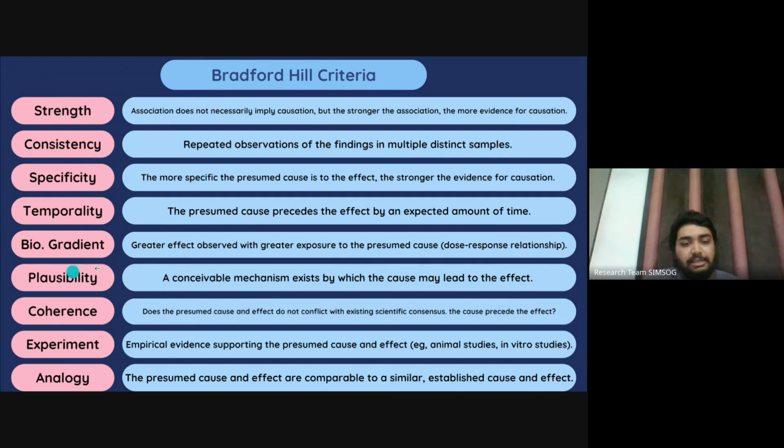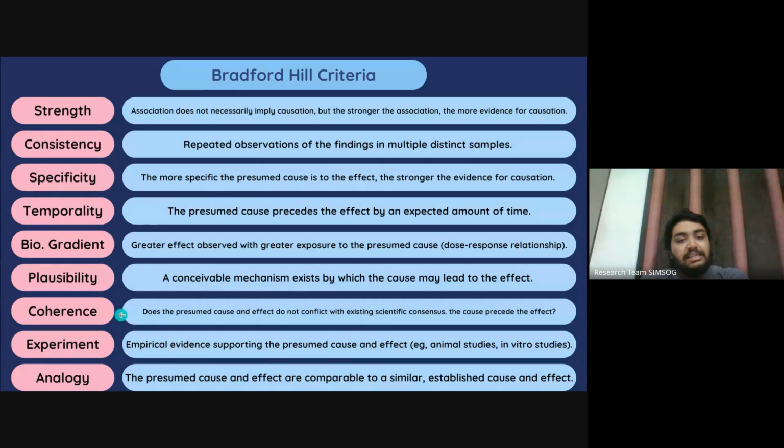Similarly, plausibility. Can you think of a possible scientific, logical explanation or mechanism of action, related to theoretical understanding, by which the cause may lead to an effect? A lot of studies, experiments or clinical trials start with plausibility, where you first think about how it could happen, and then you go forward with the experiment.